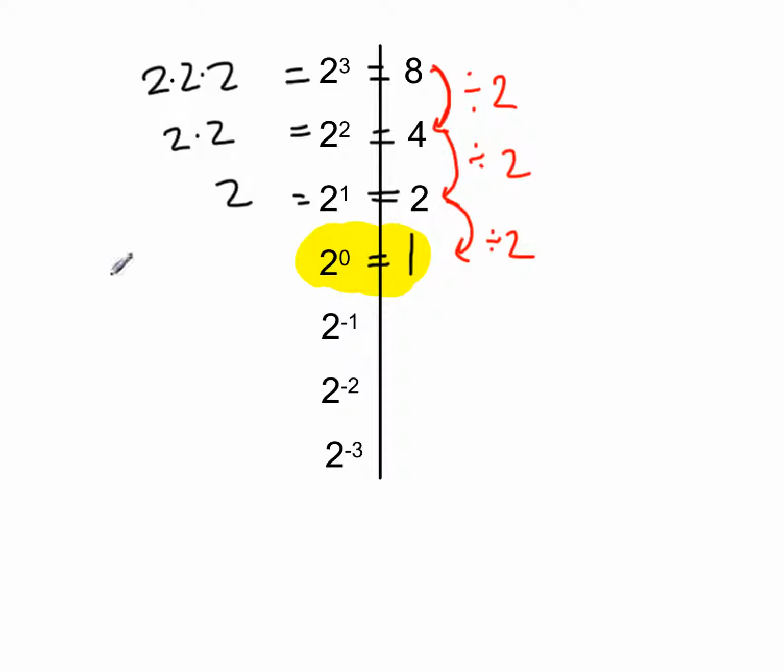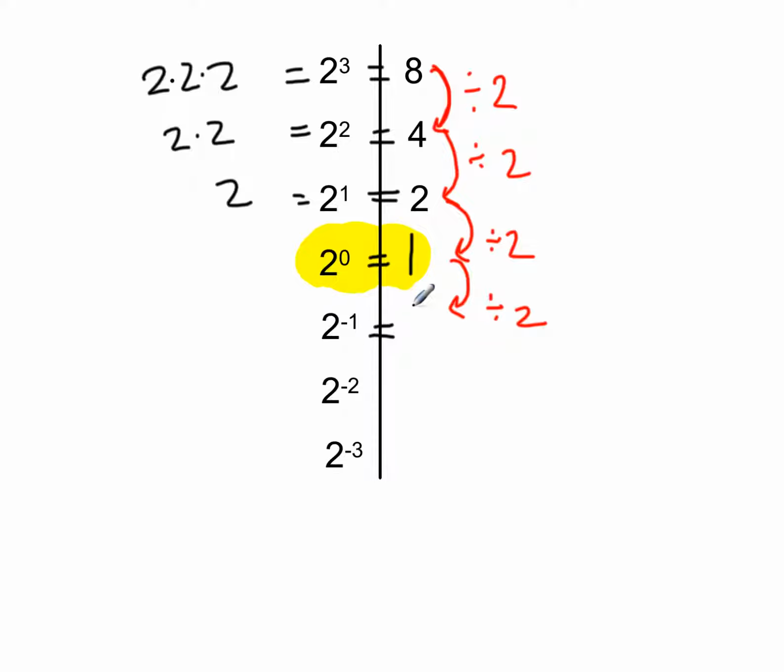If I'm following this pattern, dividing by 2, dividing by 2, dividing by 2, I'm going to take the 1 and divide by 2 again. On my exponents, I had a 3, a 2, a 1, a 0, so now my next obvious exponent would be negative 1. If I have 1 and I'm dividing by 2, that gives me 1/2.